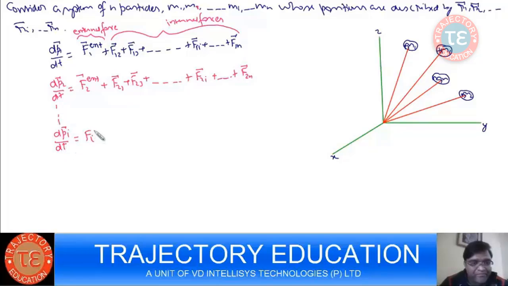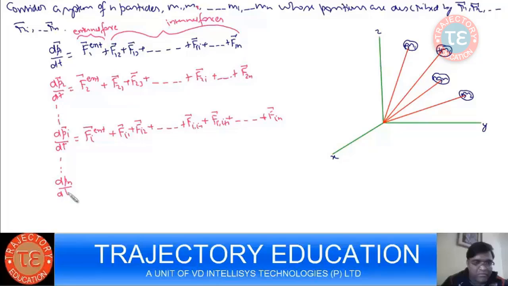dPi by dt is FiExt, Fi1, Fi2, and this will be Fi,i-1, Fi,i+1, and you have Fin. Alright.